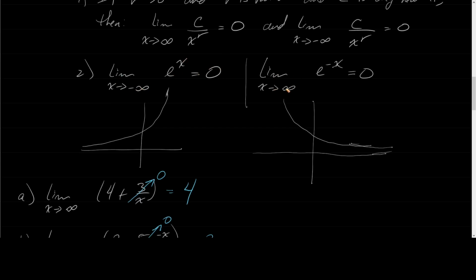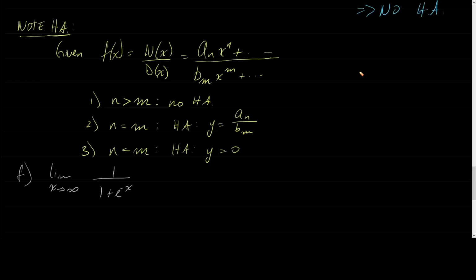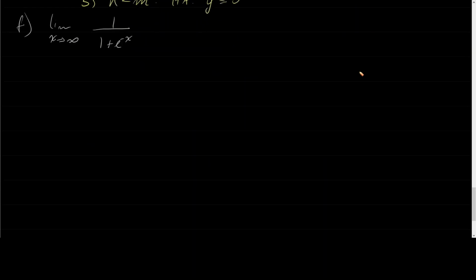And as x goes to positive infinity of e to the negative x, that's 0. All right? So let's keep those in mind. Let me actually just remind you what those limits were. The limit as x goes to positive infinity of e to the negative x is 0, and the limit as x goes to negative infinity of e to the x equals 0.